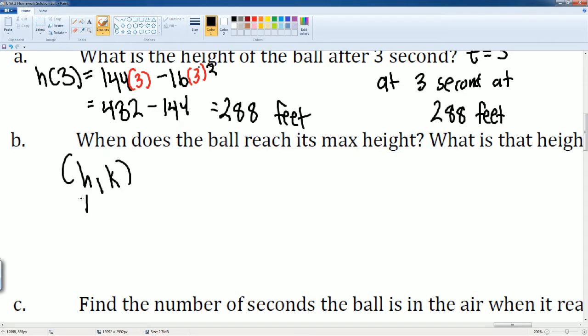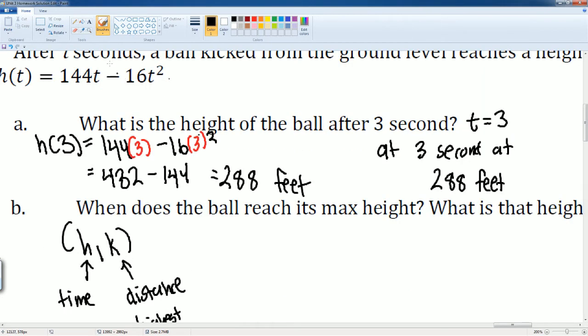So h is going to tell us the time, and k is going to be your distance for this value. We know that it is at the highest distance at this time. So when the ball reaches its maximum height, that's when we look at that. We want to know the time. So what we have to do is find the vertex.